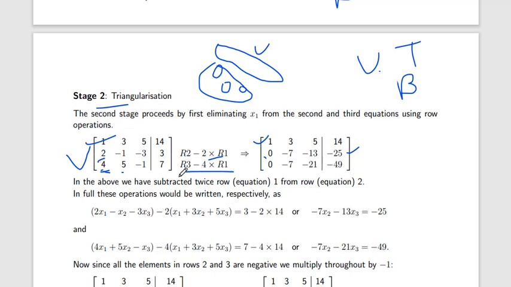So third row minus 4 times the first row. Here also the first row will not change, only the third row. This 7 3 also has to be multiplied by 2 and subtracted from the first row. So here we have 2 zeros.